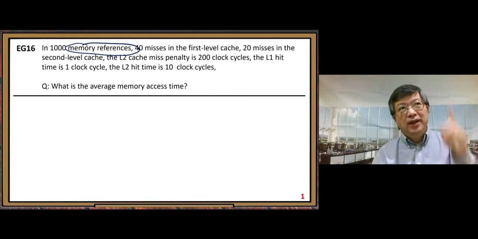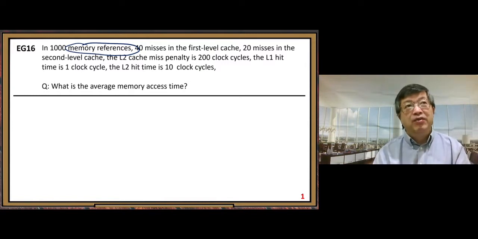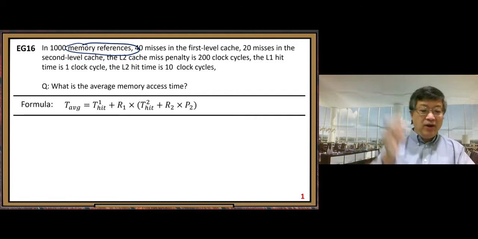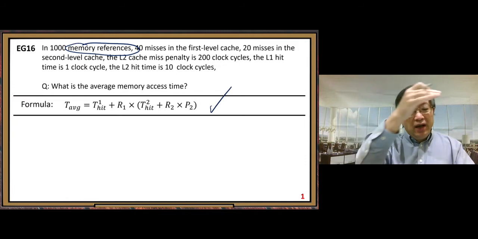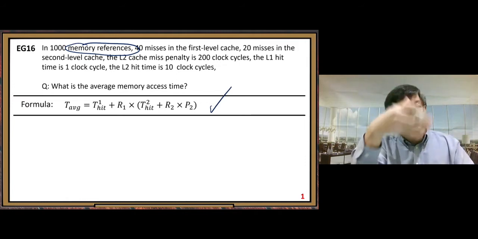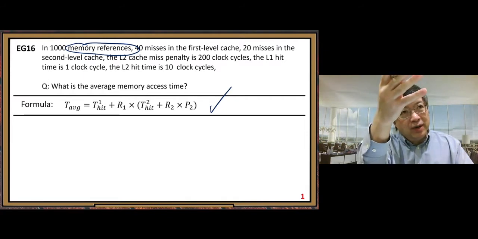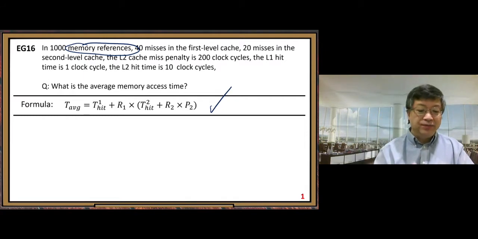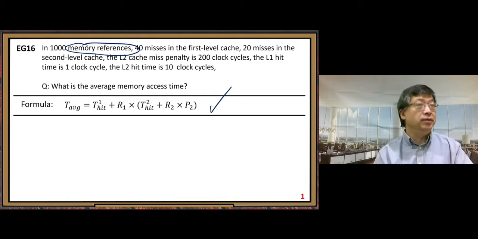For this one, we can apply our formula directly. So let's look at the formula we derived from the previous video. If we compare with the conditions in example number 16, you can see many numbers are known in the formula.